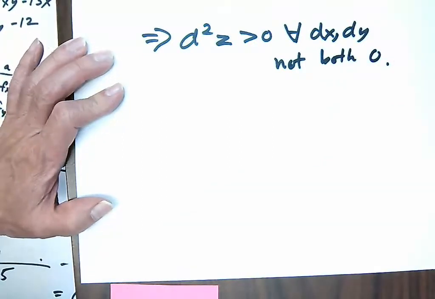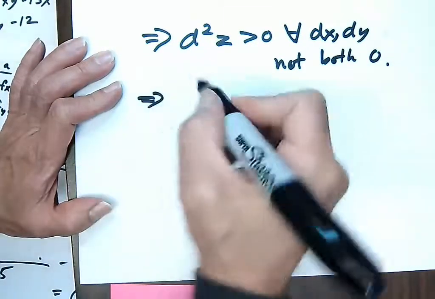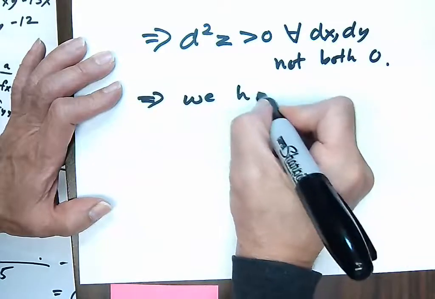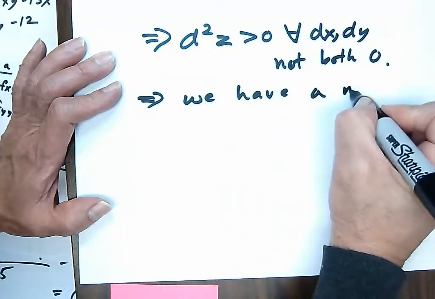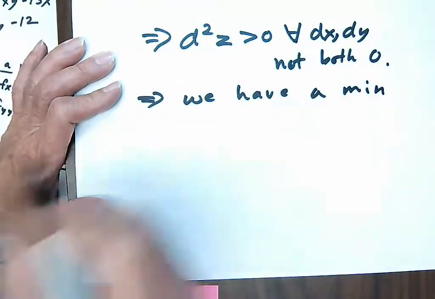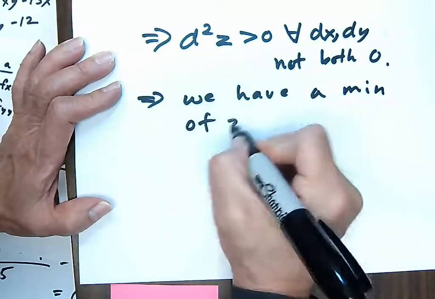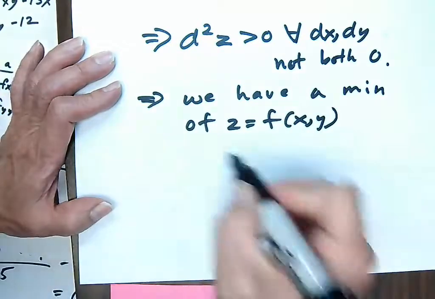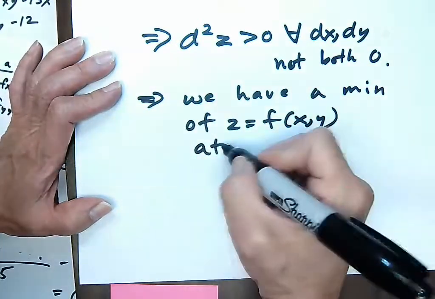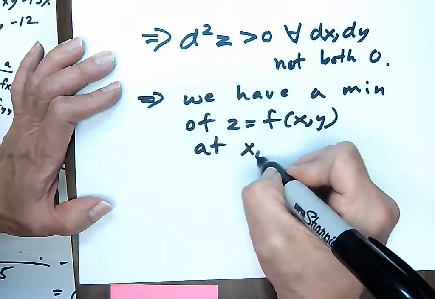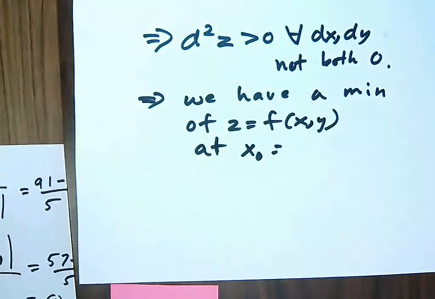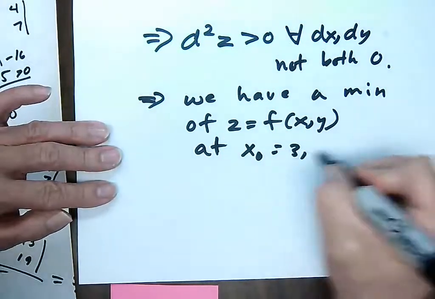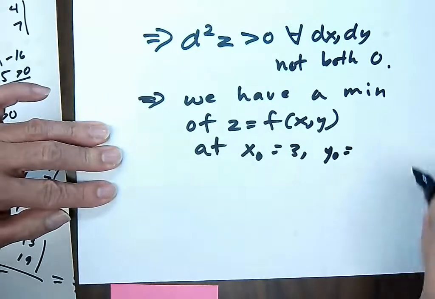And if that's the case, this implies we have a minimum. We have a minimum of our objective function, or a minimum of z, which is some function of x and y, at the critical values of x and y, at x0 equal 3 and y0 equal 1.